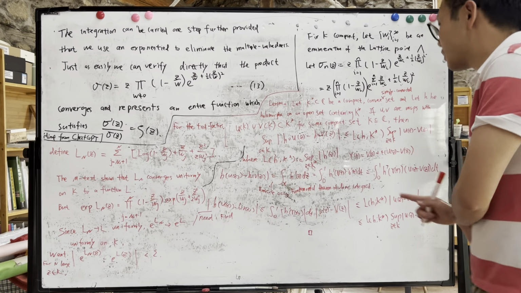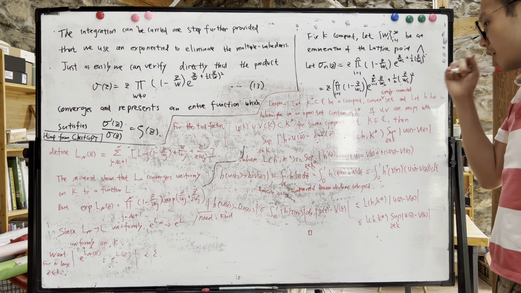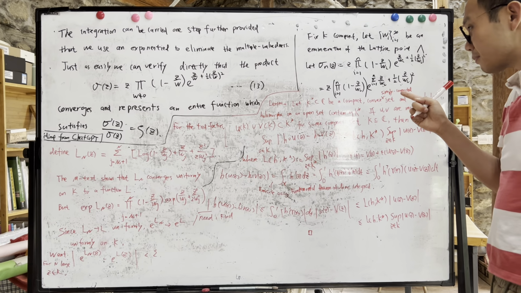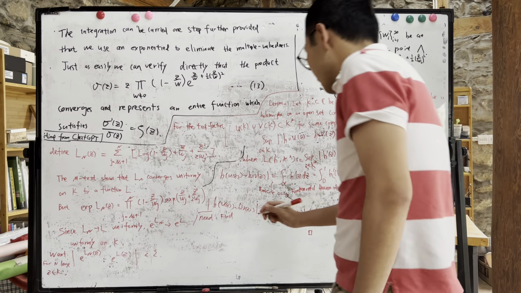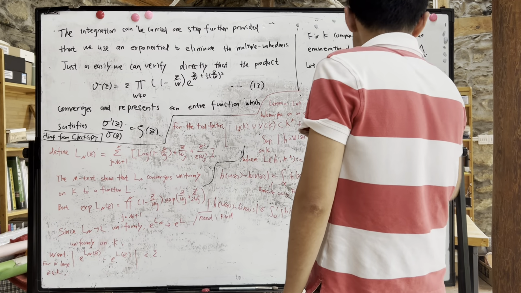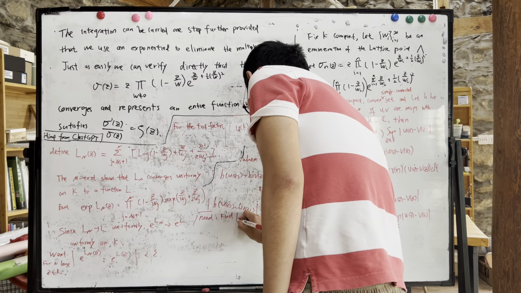So this is what we want. In order to do that, I want to find this k star, compact, convex, simply connected.